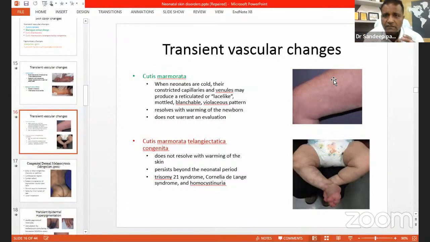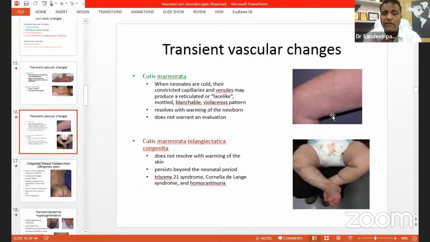Most of the time cutis marmorata is seen when systemic vascular resistance is increased. When we decrease systemic vascular resistance with agents like dobutamine, or keep the baby's temperature in a normal zone, this cutis marmorata disappears.